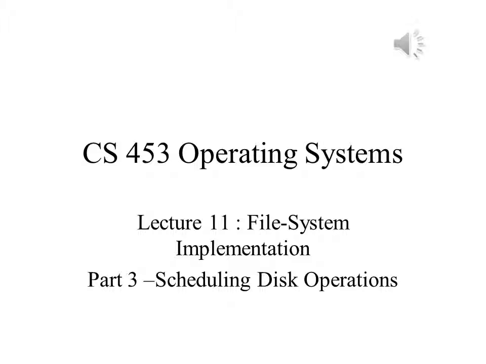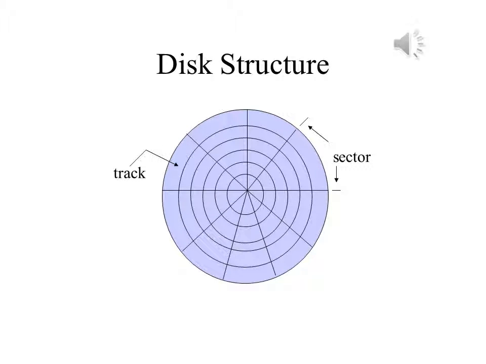In Part 3 of Lecture 11, we will discuss scheduling disk operations. Most files are stored on magnetic disks, which offer most of the advantages of magnetic tape, as well as several others. Magnetic tape was one of the earliest storage media and is fairly inexpensive and reliable, but it's also pretty slow.